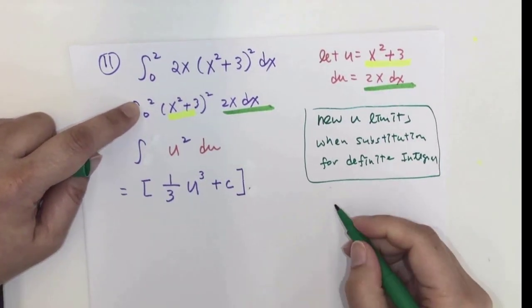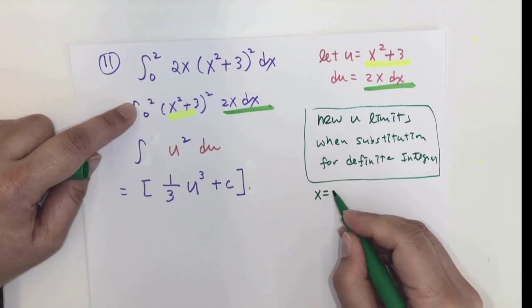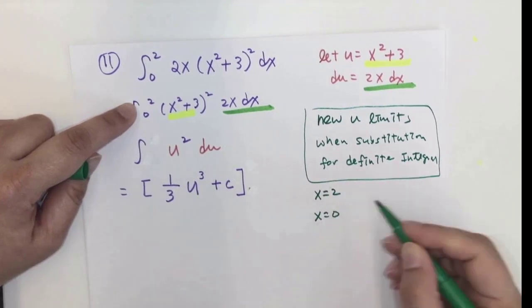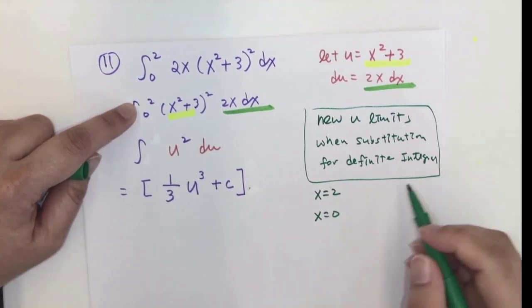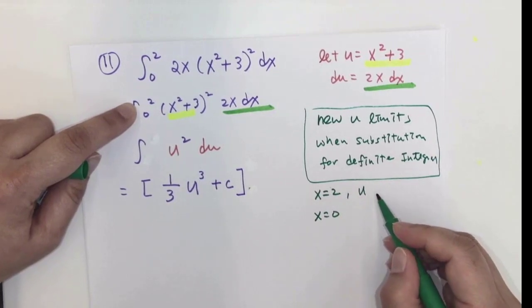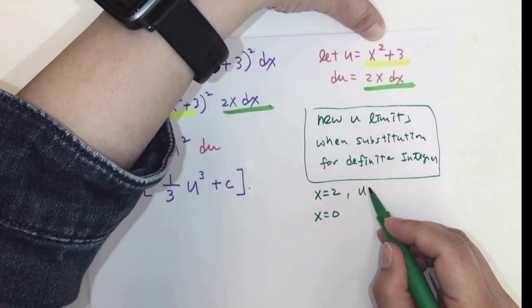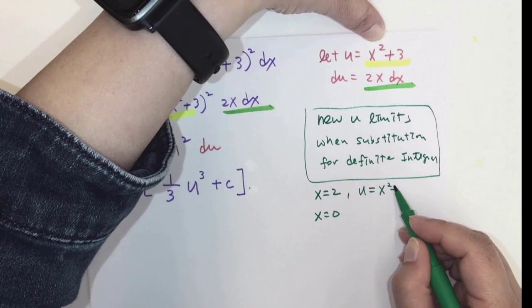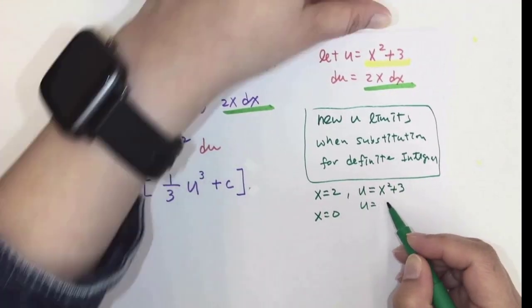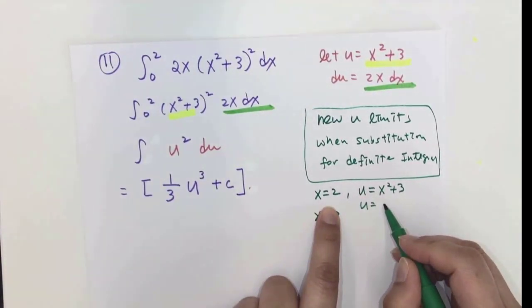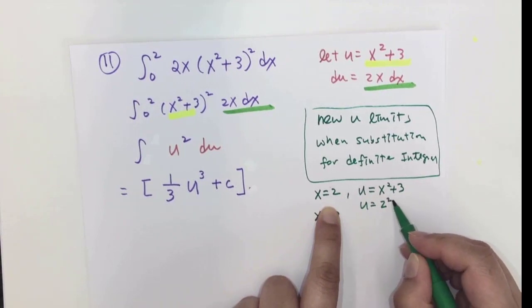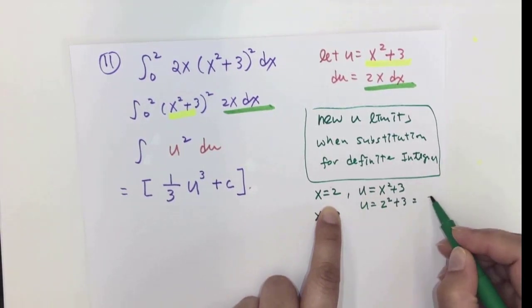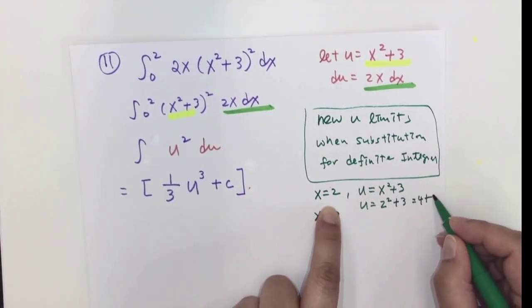So your old limit was x equal to 2 and x equal to 0, correct? And then if you need u value, then you will use u equal to x squared plus 3. So u is going to be what? For the top one, 2 needs to be raised to the second power plus 3, is 4 plus 3 is 7.